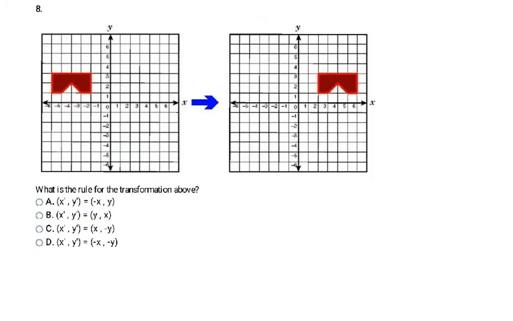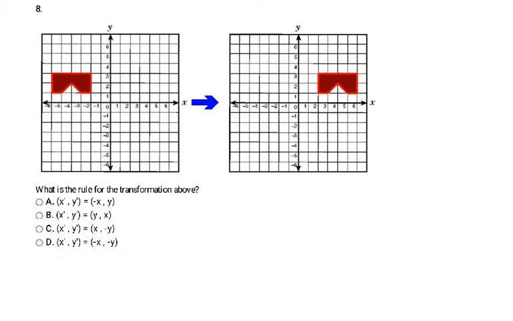All right, so here it wants to know the rule. And so I'm looking at my answers, and it looks like it's opposite. So if I'm going to take the x, take the opposite of it, but keep the same y. That's what A says. B says that I'm going to switch them. And C says I keep the x, take the opposite of y.